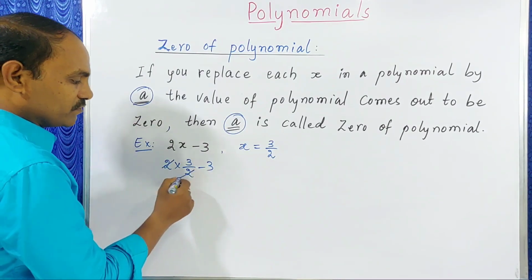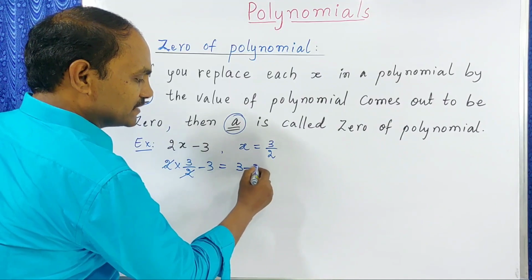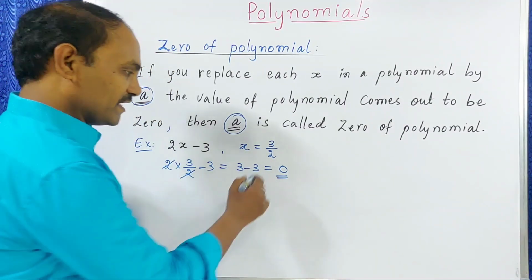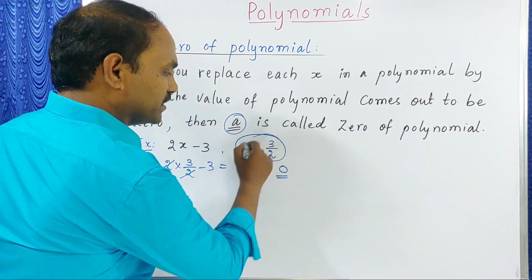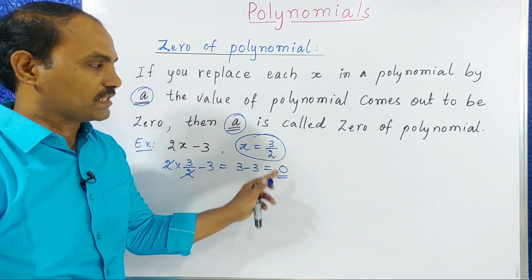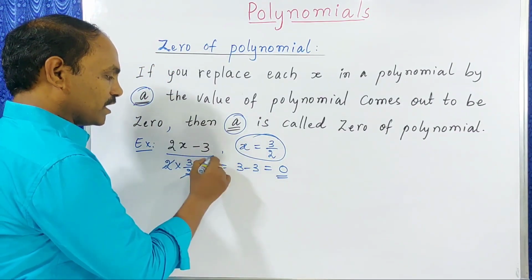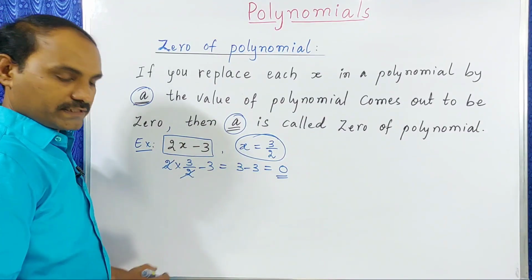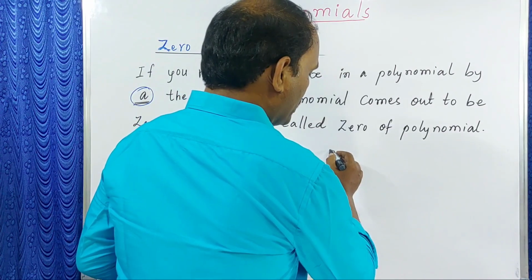The 2s cancel, 3 minus 3 is 0. The value is 0. That's why this 3 by 2 is called the zero of this polynomial 2x minus 3. Is it? Now let us check one more example.